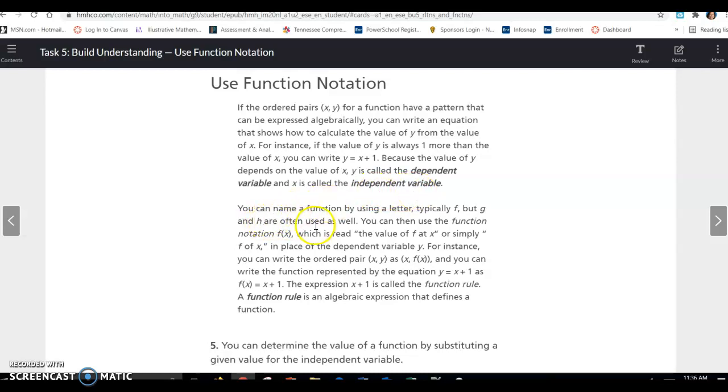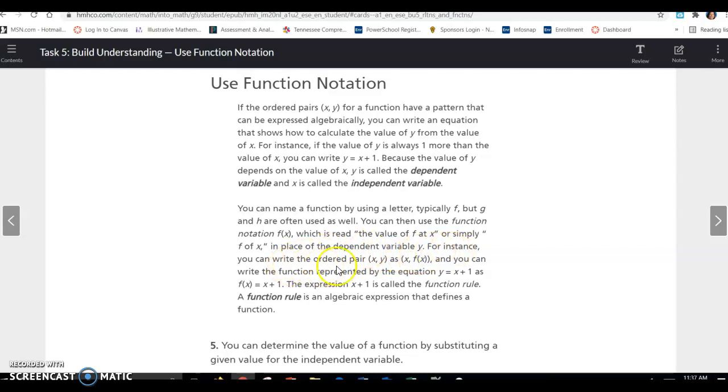You can name a function by using a letter, typically f, but g and h are often used as well. You can then use the function notation f of x, which is read "the value of f at x," or simply "f of x," in place of the dependent variable y.